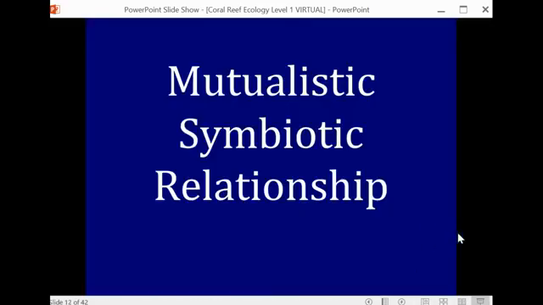So this relationship that the corals and the zooxanthellae have is a mutualistic, symbiotic relationship where it's two organisms working together and both are benefiting. It's a win-win for both the corals and our zooxanthellae.